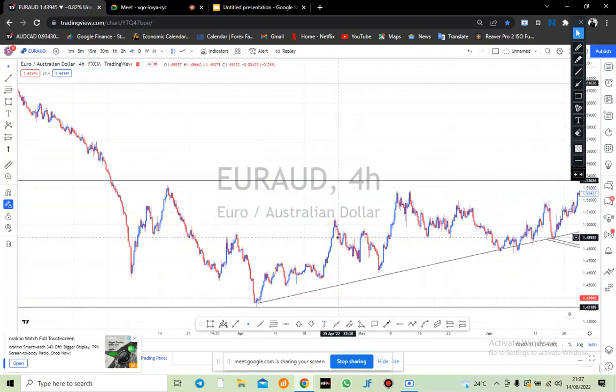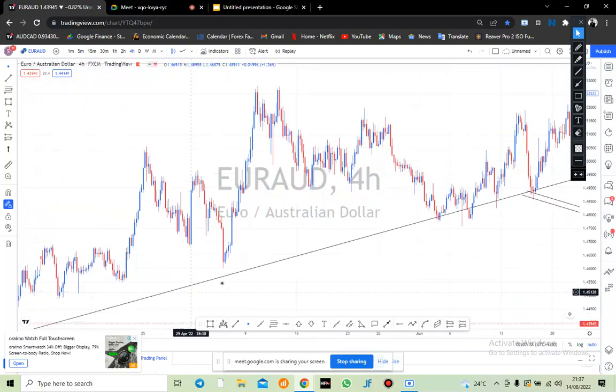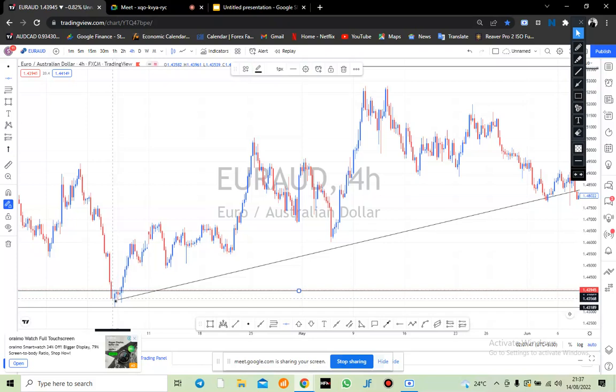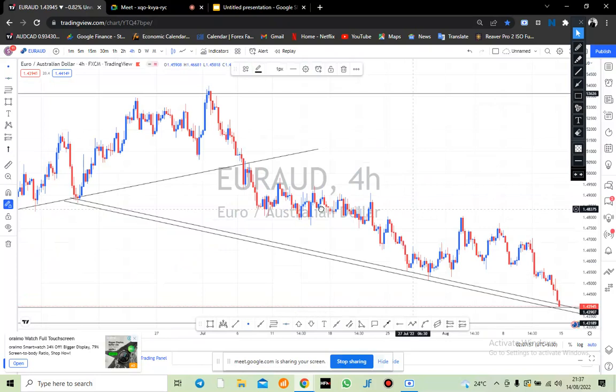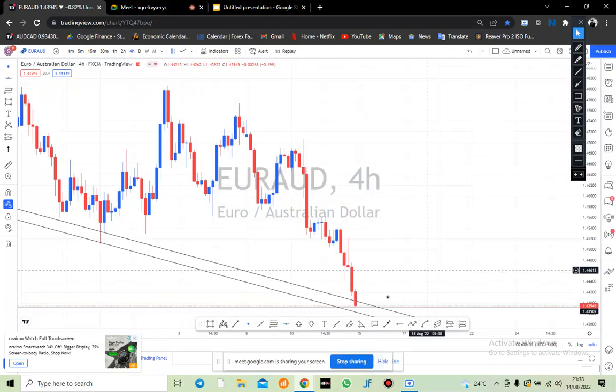Here we have a support zone, from the last red candle to the low, or to the previous low. So we have a support zone. This is a support zone here. I think the price is now at the support zone. Okay, it's now at the support zone.